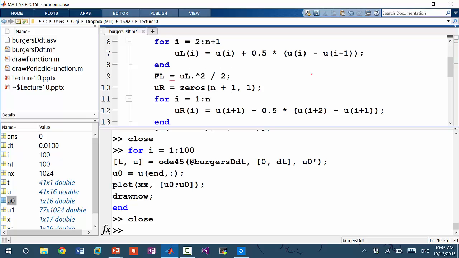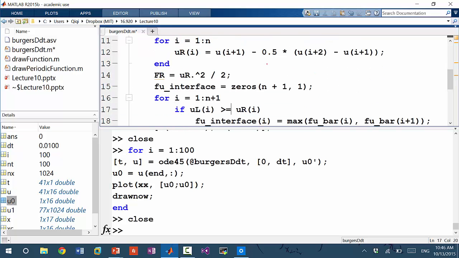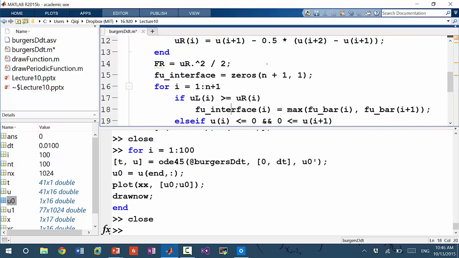That's Burgers' equation. And FR is equal to UR square over 2, Burgers' equation. Okay, so if U left is greater than UR, FU interface is max of FL, FR of I. So it's good, everything is I at this point.